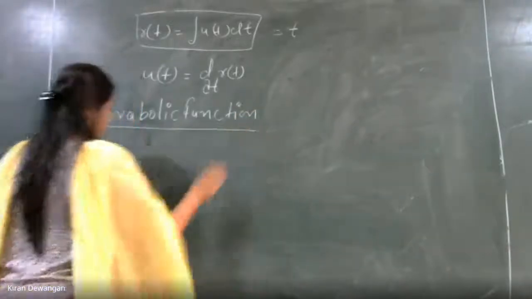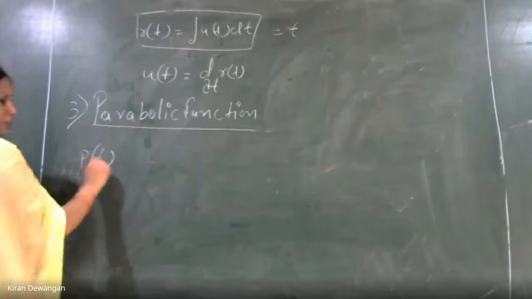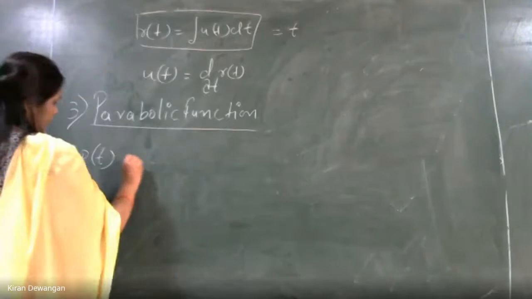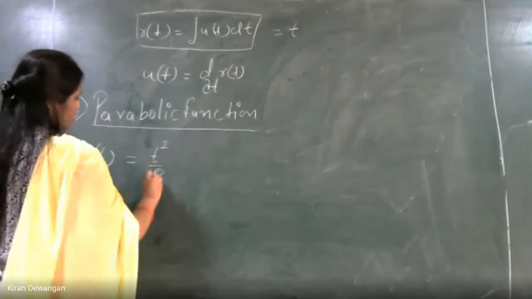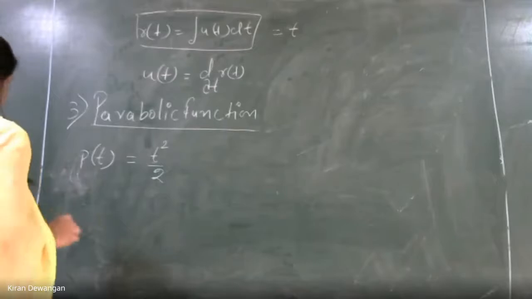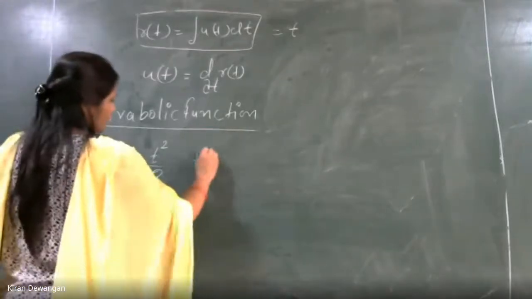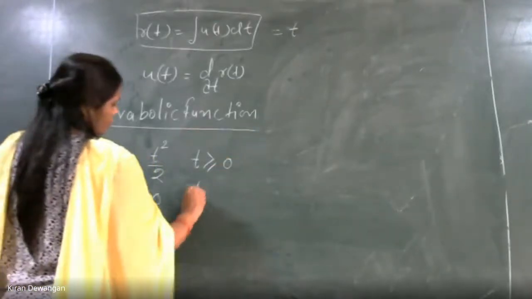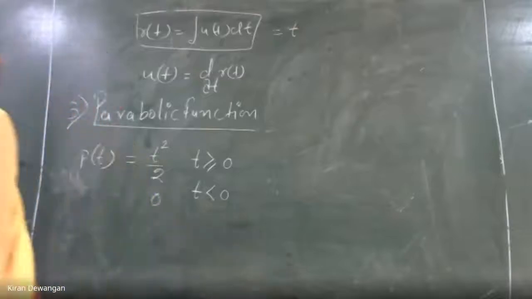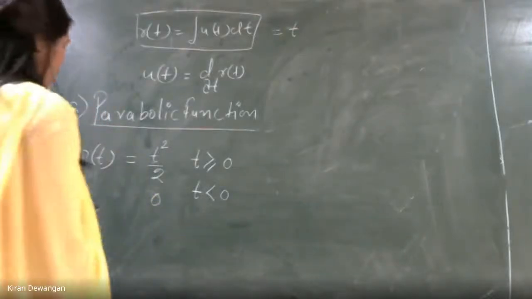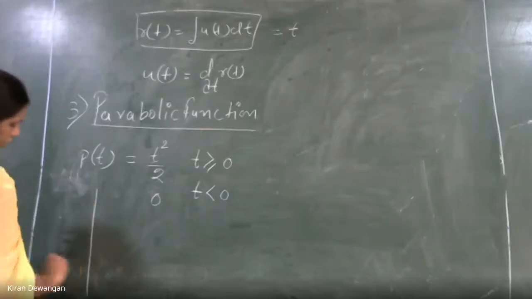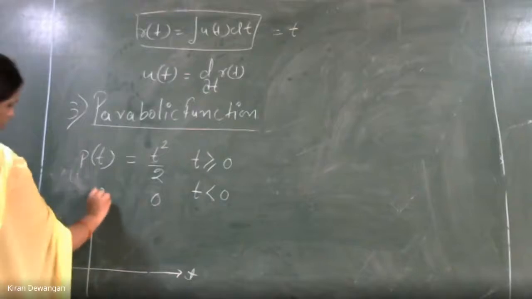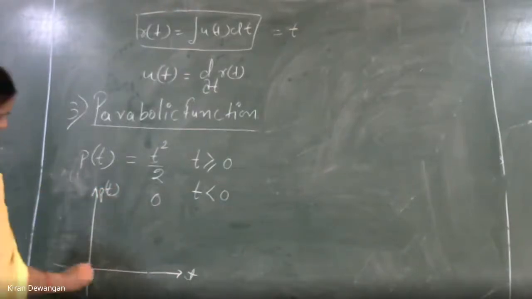The parabolic function is represented by P(t), and it is equal to t square by 2 for all values of t greater than or equal to 0, and it is 0 for t less than 0. Now we have to plot.